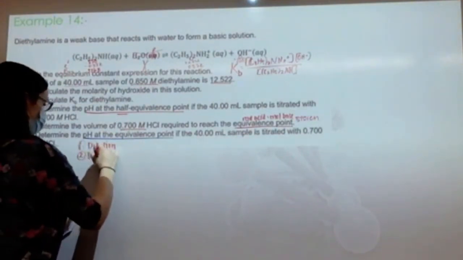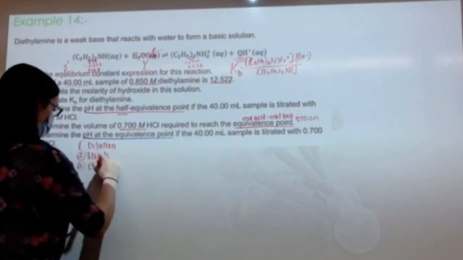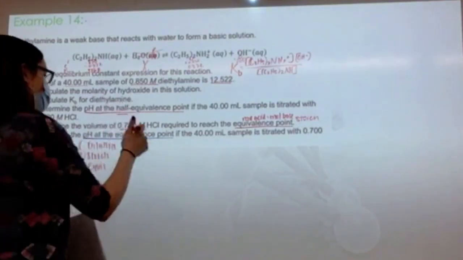Then we take into account the stoich. Then we take into account the equilibrium. So dilution, stoich, and equilibrium. If we start with part 5, let's start by taking into account the dilution.